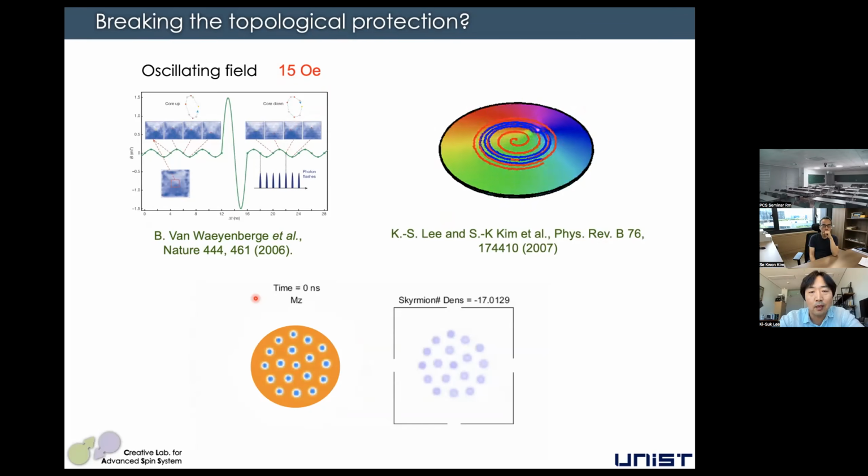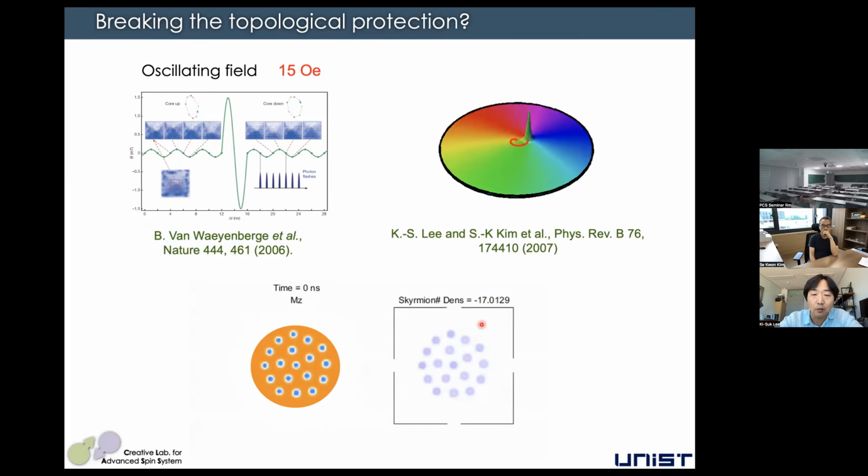Okay, and here is another example with skyrmion structures. Initially we formed a lot of skyrmions inside the circle, and the color indicates the skyrmion density, and this number indicates the summation of the skyrmion number density, and then you can find the skyrmion number of -17.